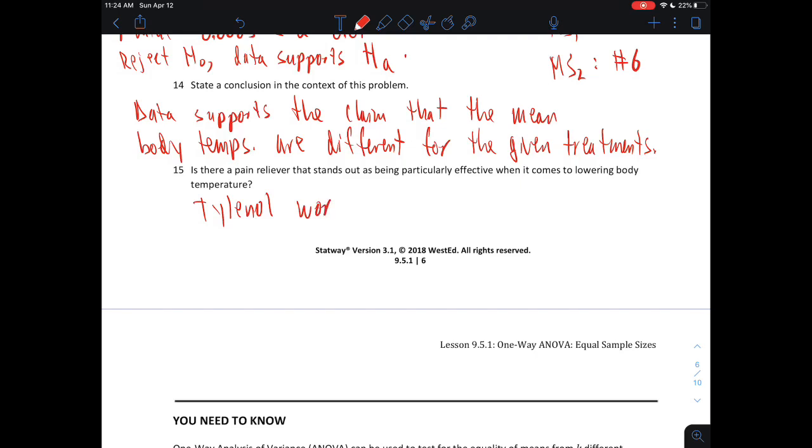That's the one that works the best. And placebo is the least effective. We'll just make a note of that. By the way, the secret word for this lesson is Tylenol.